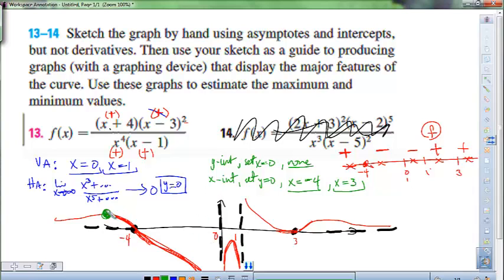It's not guaranteed, but this is definitely guaranteed to be a local maximum. Another guaranteed local maximum over here. Now the graph is going to come down and bounce back up, so this is going to be a local minimum, but when it bounces back up, it has to come back down because of the asymptote. So we're guaranteed another local maximum here.